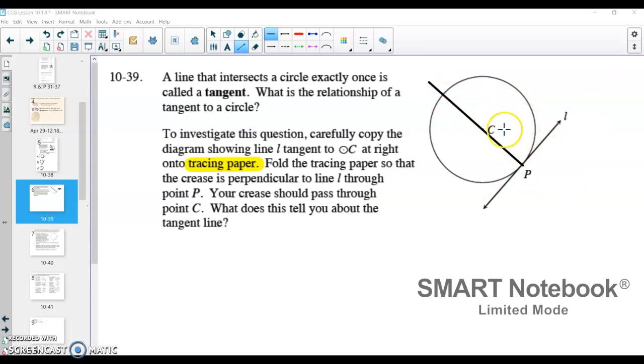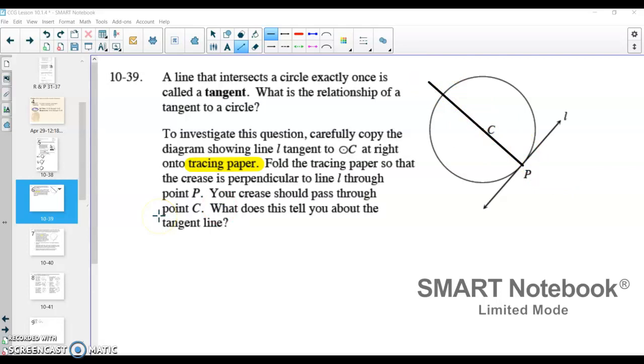Another thing you could see about that tangent line is from the center of the circle out to that point P where the tangent line intersects, that would be perpendicular still, and that would be a perpendicular radius of the circle, because from that center out to that point on the edge of the circle, that would be a radius. And so we get this cool relationship where you get that 90-degree angle forming, you get a radius, and really that perpendicular bisector that happens from when you fold is the diameter of the circle, cutting that circle perfectly in half.